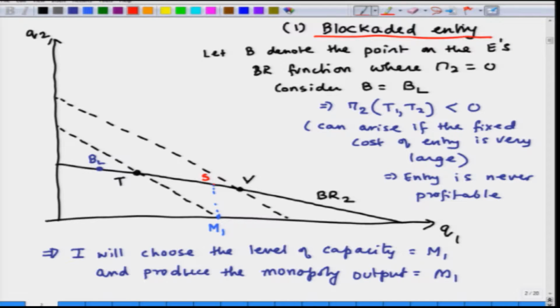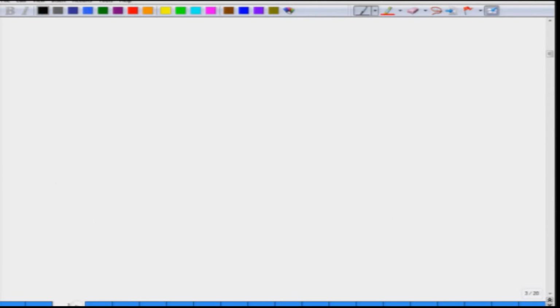Okay. Let us consider one more situation. Let us call this case 1A, where the B is at BL. Now, let us consider a case where the B is a point which is, let us say, B sub S. Let us call this case 1B.